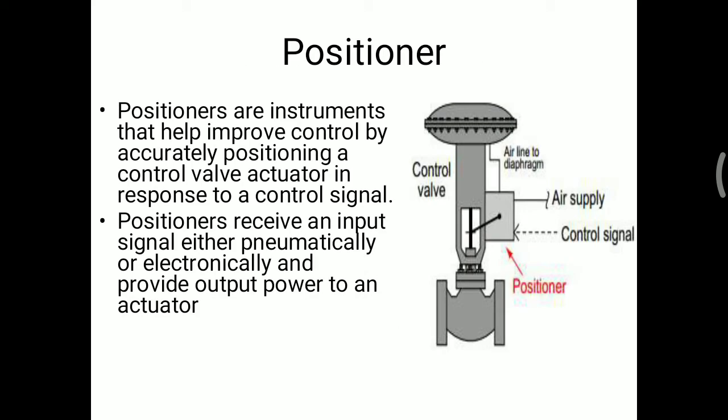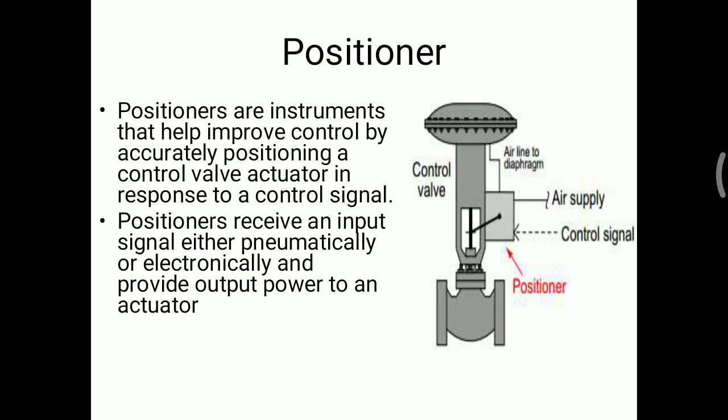Then comes the next main part of the control valve, that is positioner. Positioners are the instruments that help improve control by accurately positioning a control valve actuator in response to a control signal. Positioners receive an input signal either pneumatically or electronically and provide output power to an actuator.